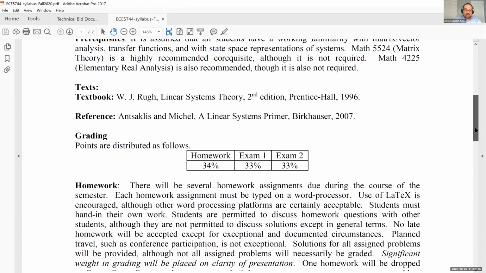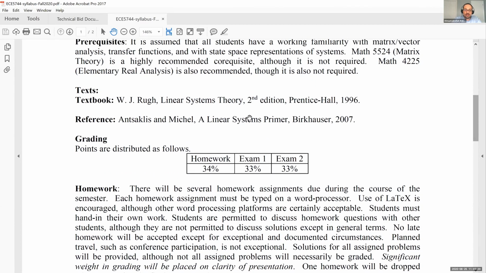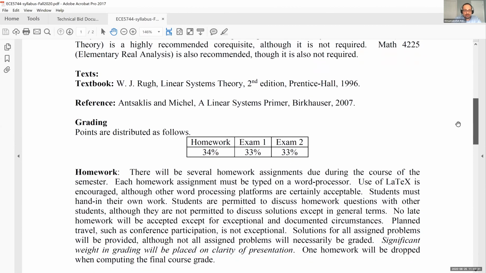The textbook for the course is Linear Systems Theory by Rugh, second edition. I'm going to follow this book closely. There is also another book that I might refer to from time to time, which is Linear Systems Primer by Antsaklis and Michel.